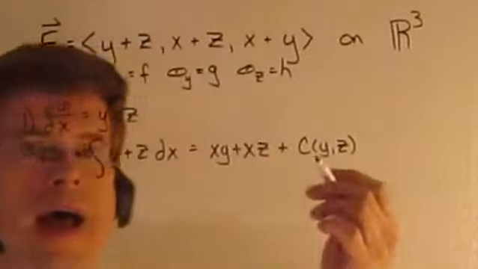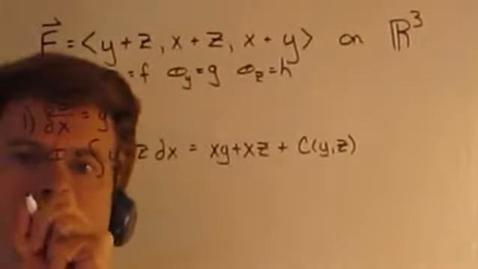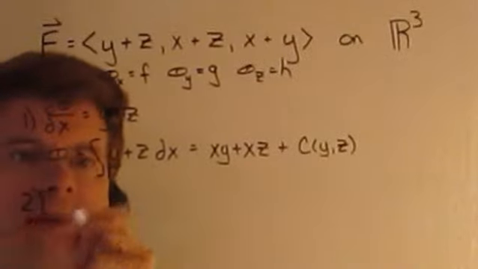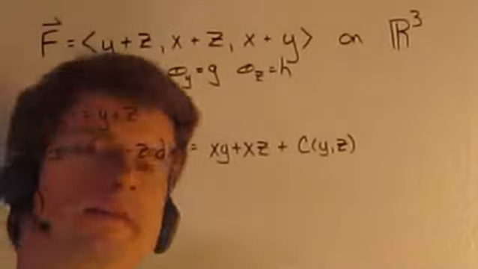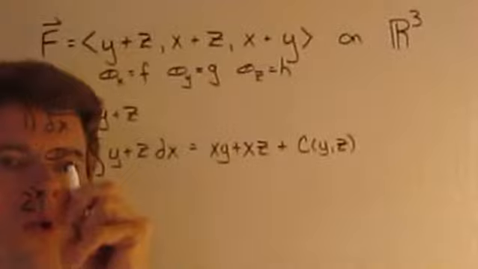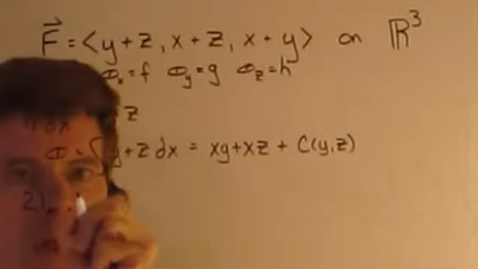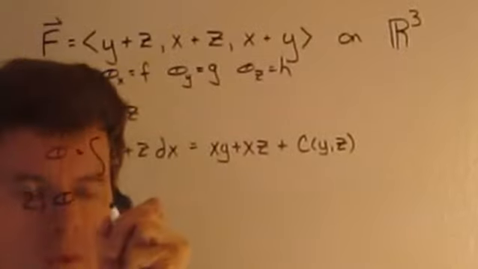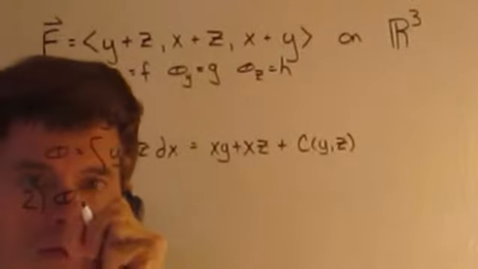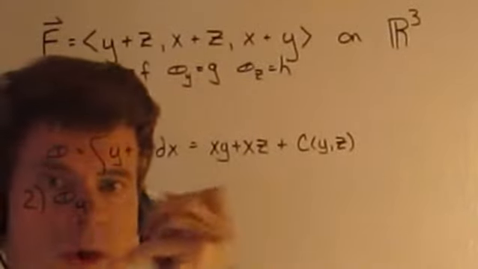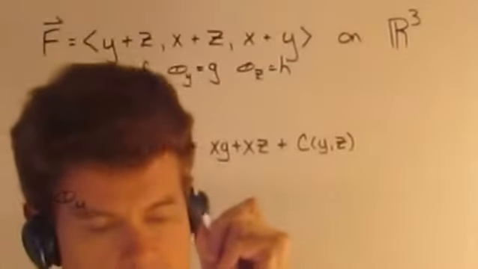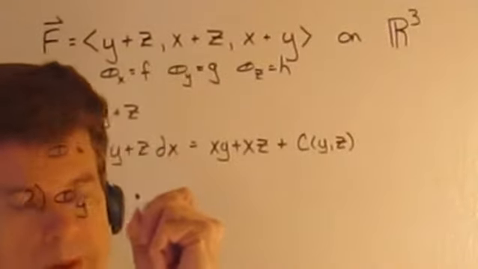Now to figure that out, our next step is, well, we just integrated, so we have to do a derivative. We'll take the derivative of what we just calculated with respect to y.